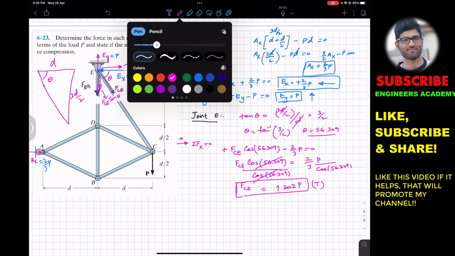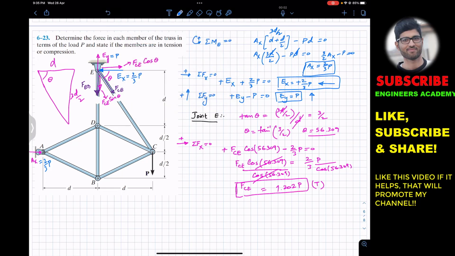Now if we apply the summation of forces along Y equals to 0 while considering joint E, this is our positive y direction. As we can see, we have this FED in the downward direction, that is in the negative direction, so minus FED.